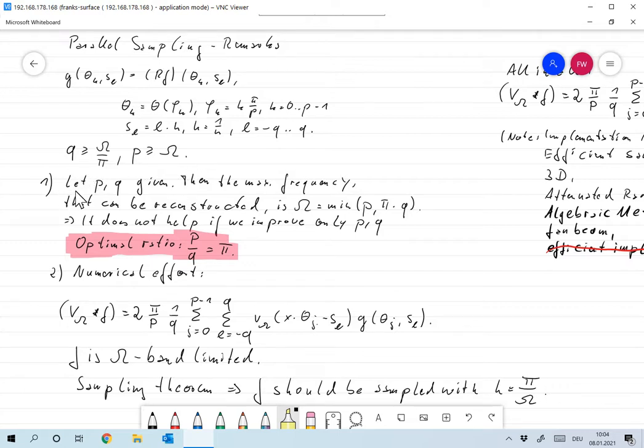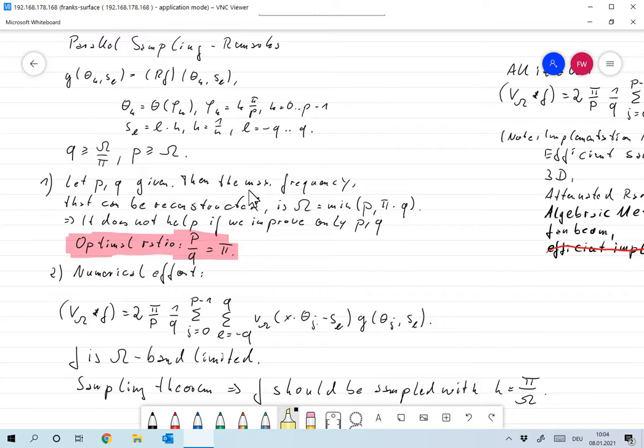Okay, first of all, assume that we're not choosing an omega up front, but rather for an existing computer tomograph, we're given P and Q, so that's the number of directions and the number of sensors that we have.